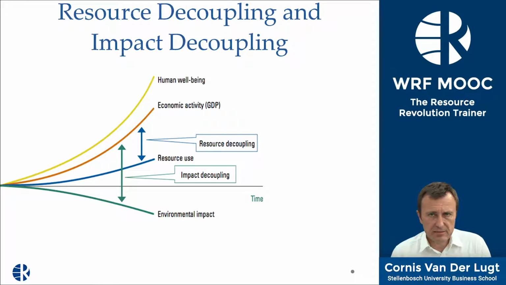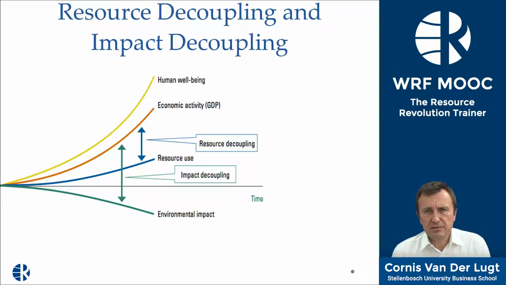What is decoupling? There is this historical assumption that growth goes along with resource use, and increased growth implies increased use of resources. Scientists working in this field, including the work of the International Resource Panel, make the distinction between relative decoupling and absolute decoupling, as well as the distinction between resource decoupling and impact decoupling, as you see illustrated on this graphic on the slide.